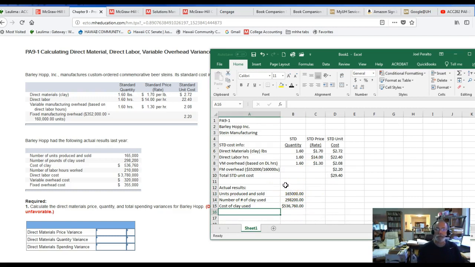Number of labor hours worked, $210,000. Direct labor cost.